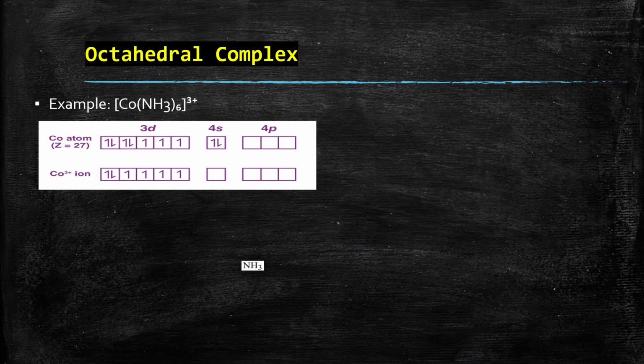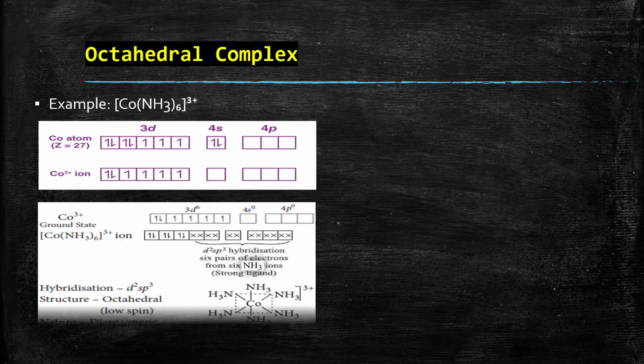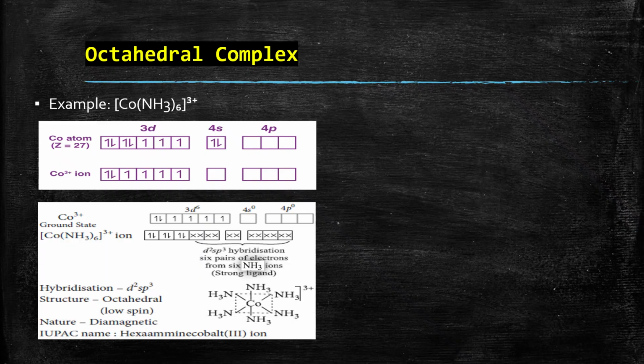Remember that if strong field ligands are participating in the complex, then the electrons are paired up. Here amine is a strong field ligand, so the electrons are paired up. They accommodate 3 orbitals and the remaining 6 orbitals are vacant.